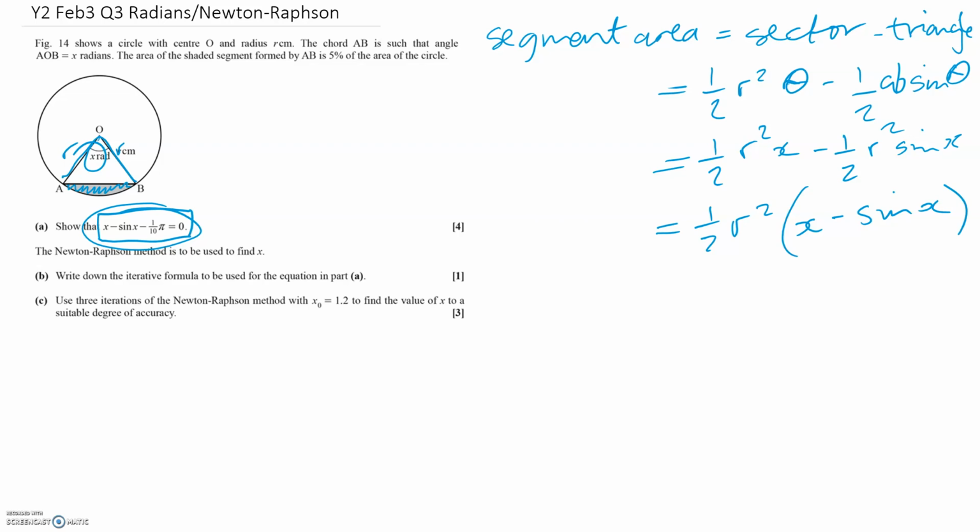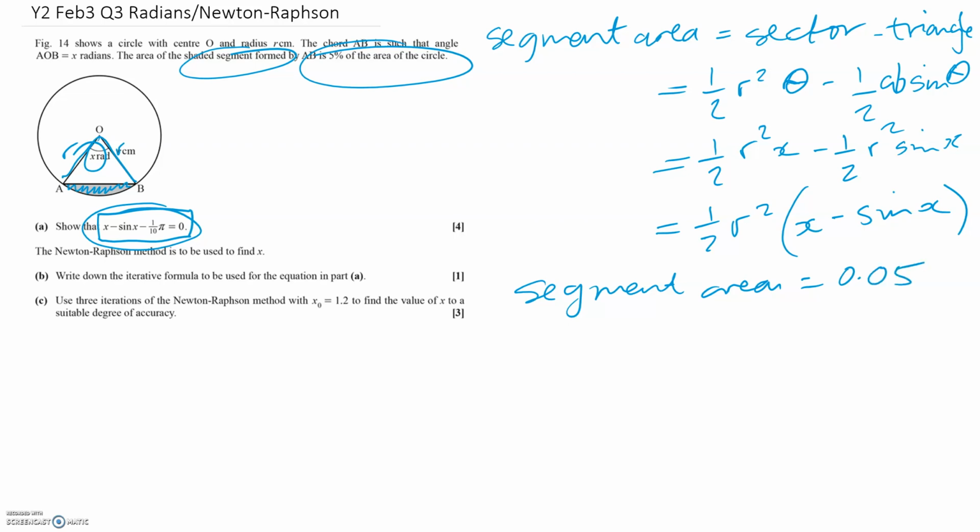So the segment area equals that, but we're also told in the question that the shaded segment is also 5% of the whole area of the circle. So that means that the segment area also equals 5% of pi r squared, so it's 0.05 pi r squared.